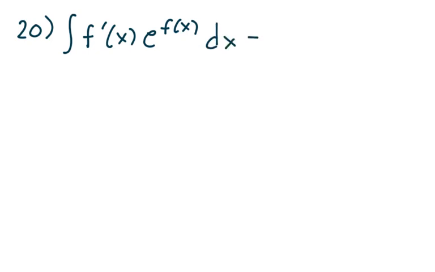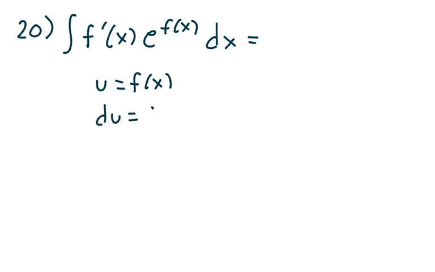Suppose I give you the integral of f prime of x e to the f of x dx. Well, it's essentially the same idea. I'm going to let u equal f of x.